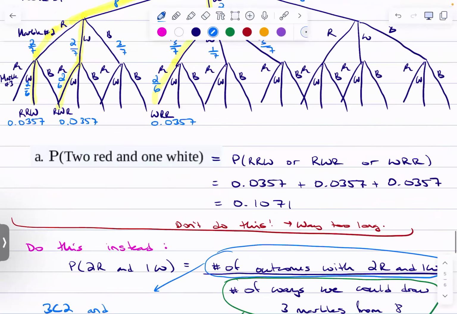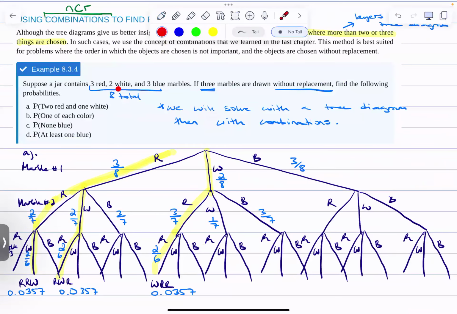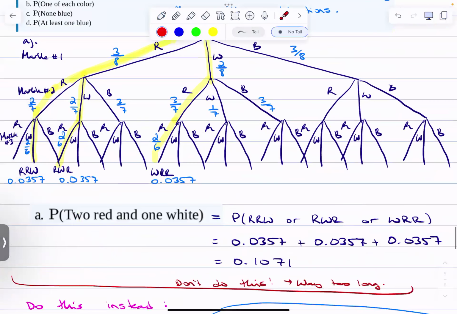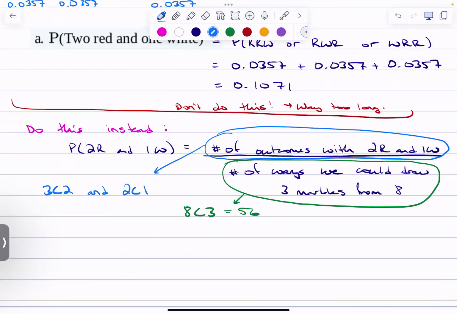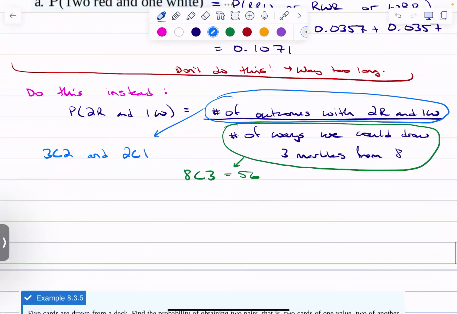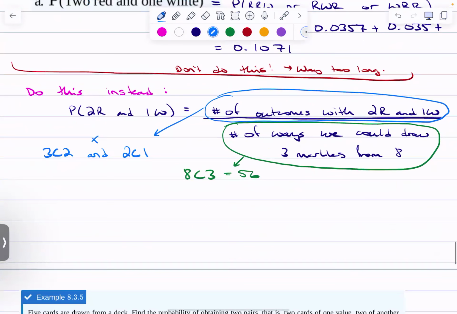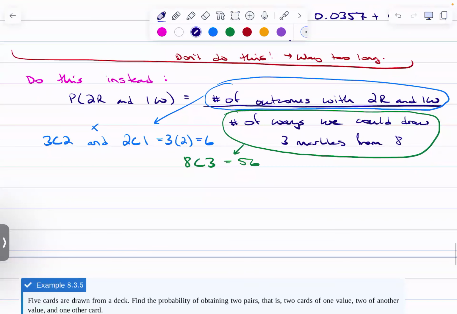And 1 white one, so from the 2 white ones, I want to choose 1. 2 choose 1. Now, and, of course, means multiplication. And so 3 choose 2 is 3. And 2 choose 1 is 2, which then puts me at 6. So then the probability of 2 red ones and one white one is going to be 6 over 56.